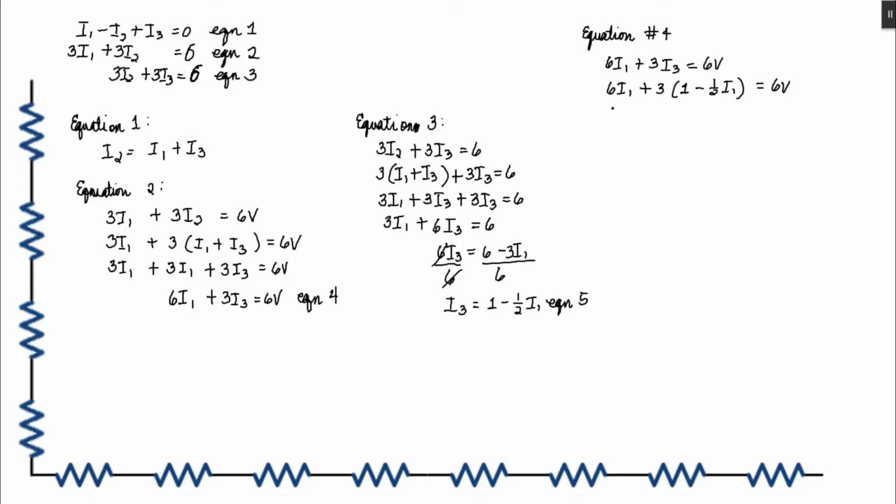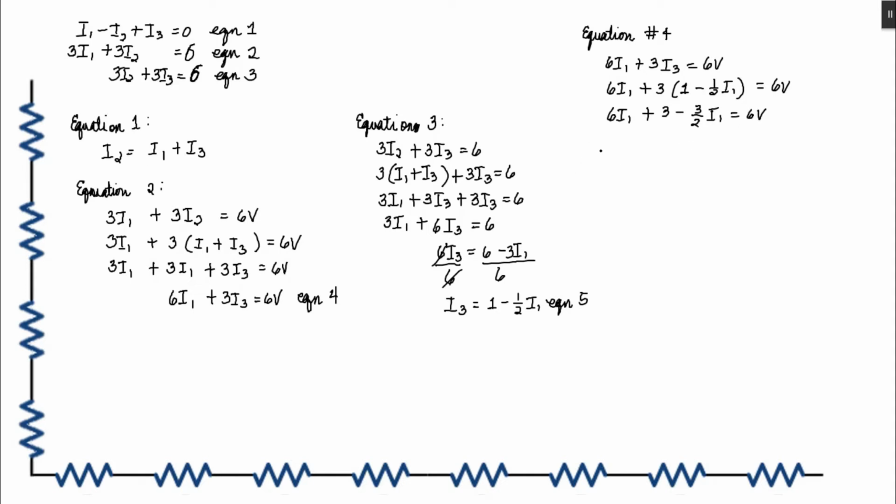So, distribution. 6 times I sub 1 plus 3 times 1, that is 3. Then plus times minus, that's negative 3 times 1 half, that is 3 halves ng ating I sub 1 equals 6 volts.